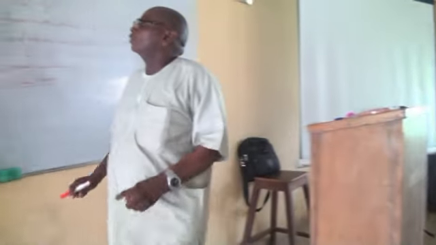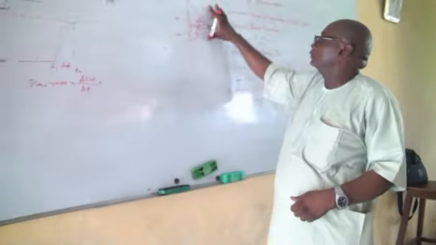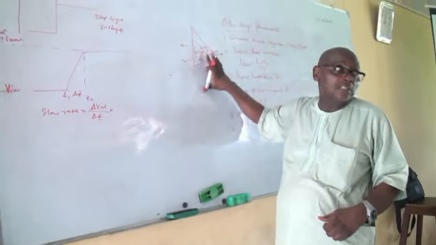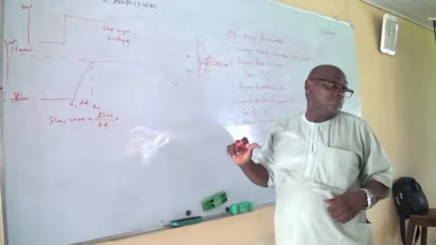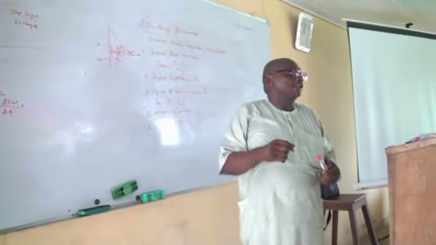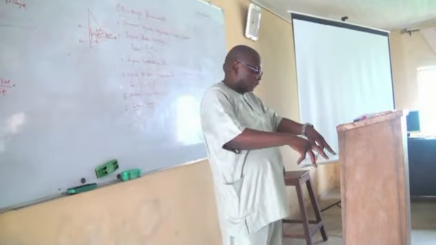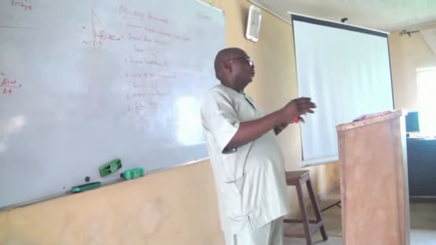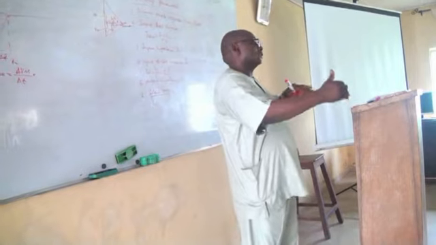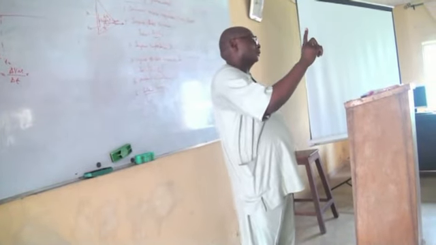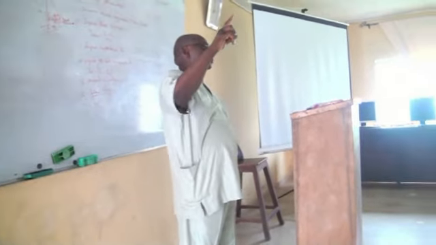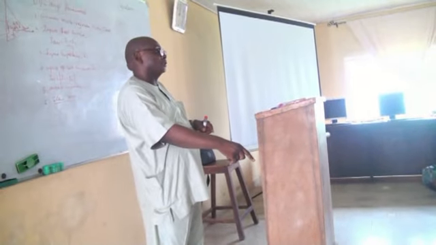Ideally, op-amps do have two supplies, that is the positive and the negative. In the course of connecting an op-amp practically on the circuit board, you must have the negative and the positive. But some do have a single supply. You may have a single supply with the ground, with a negative terminal.